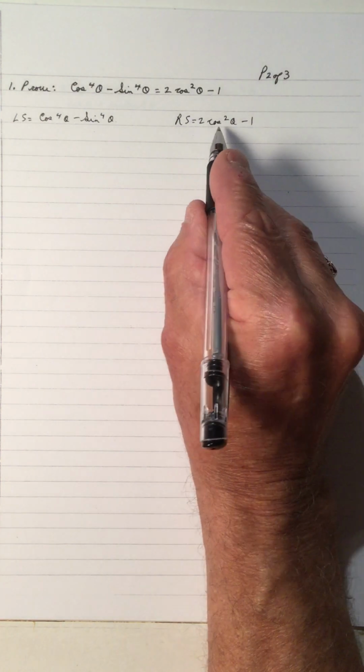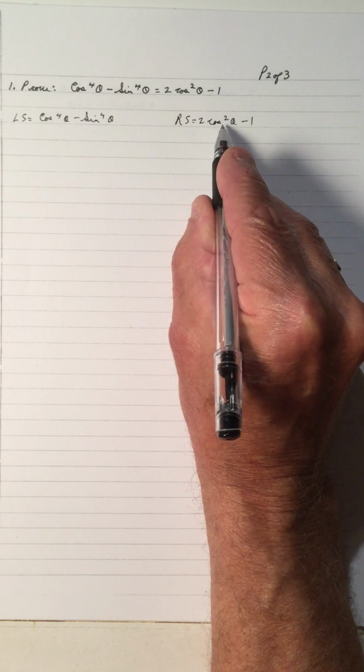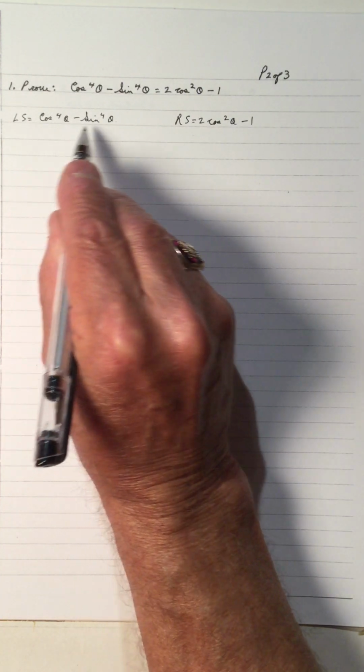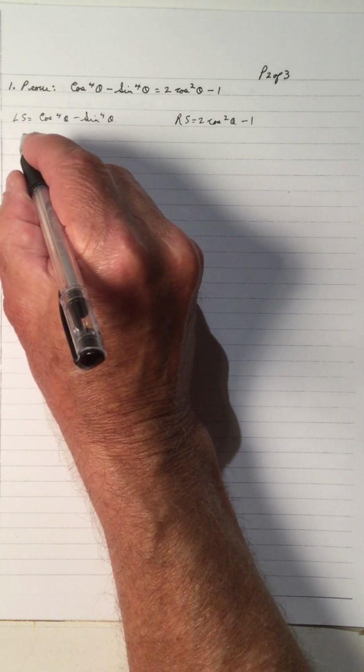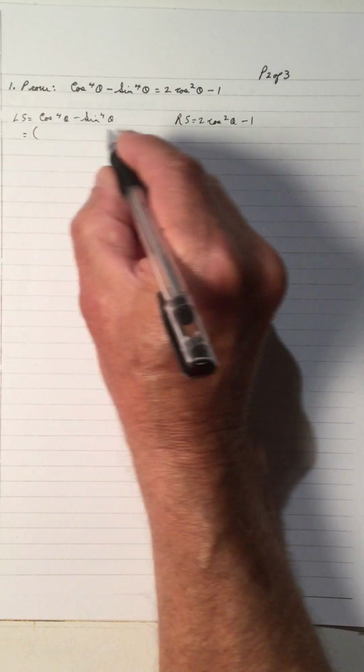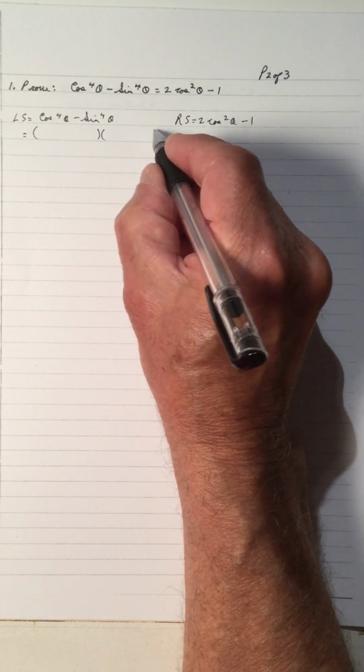Notice on the right side we have a cos squared, and on the left side we have a cos to the fourth. So this looks like the difference of two squares, so let's factor this into two brackets.